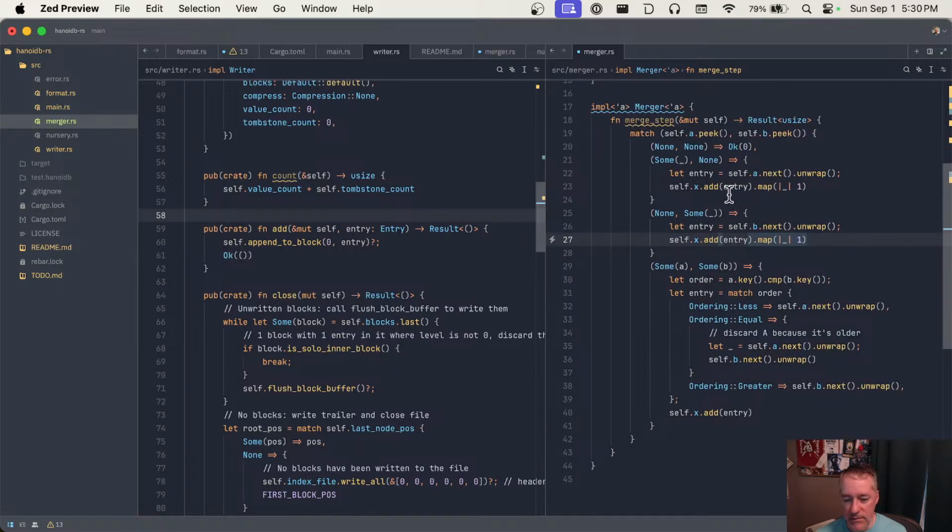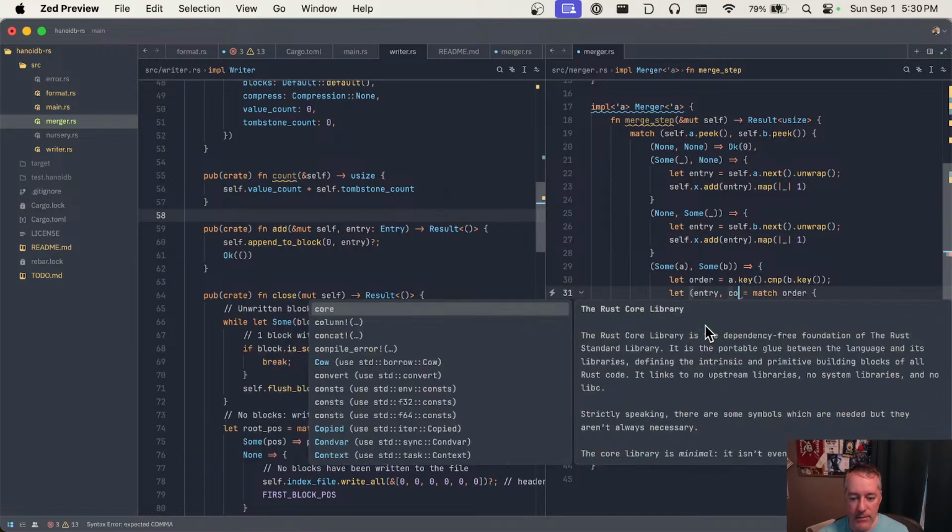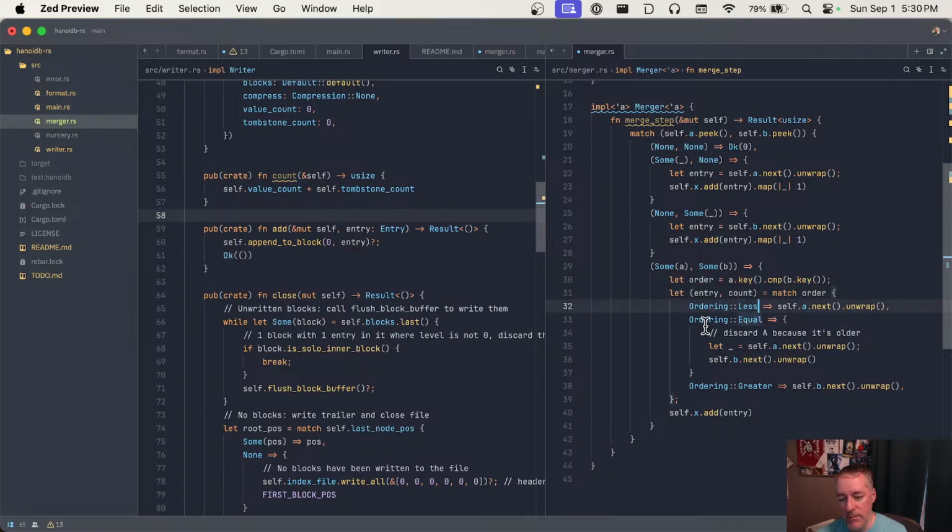And that's just taking advantage of the fact that this returns a result. We can make use of that. So here we're going to have to say entry count, and this is going to be one.